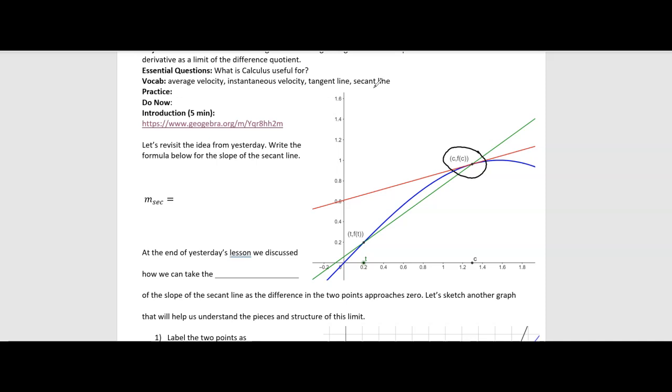So the question is, if we can't find the slope of the tangent line by itself, because the tangent line only has one point, and the slope formula, the change in y over change in x, requires 2 points for us to use, y2 minus y1 all over the quantity x2 minus x1. So if there's only 1 point in the tangent line, we're unable to use that formula to find the slope. But what we said was we could use the secant line to start approximating the tangent line.